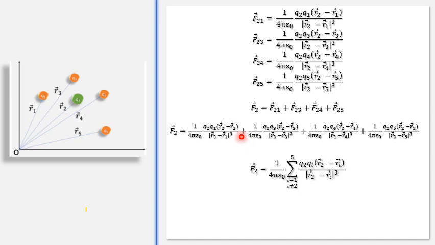So the variable parameters R1, R3, R4, R5 are expressed as I, and we mention the limit that I starts from 1 and goes up to 5, with the only constraint that I cannot be 2. What if I becomes 2? If I is 2, then you will have R2 minus R2. You will have one more term here, which is not making any sense. It is force on 2 due to 2. So you should mention that I cannot be equal to 2.